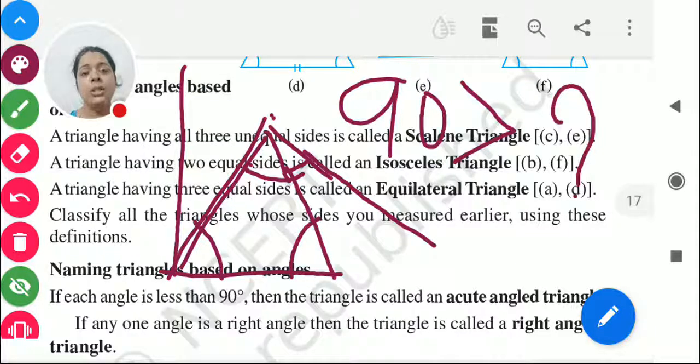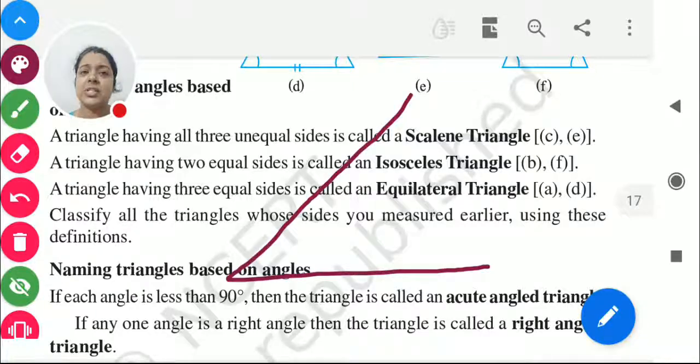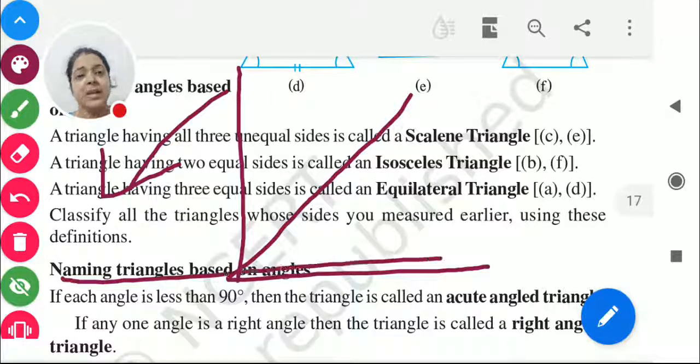Remember, it should be less than 90 degrees. So when all the angles of a triangle are less than 90 degrees, this is known as acute. Because you people know very well what angles we have. We have acute angle, which is less than 90 degrees. We have right angle, which is equal to 90 degrees. We have obtuse angle, which is more than 90 degrees. We have straight angle, which is 180 degrees.